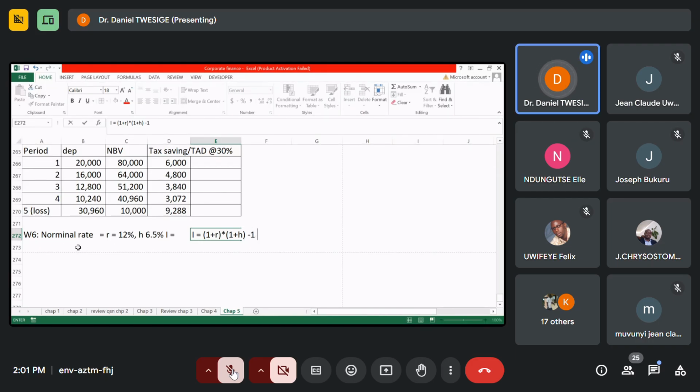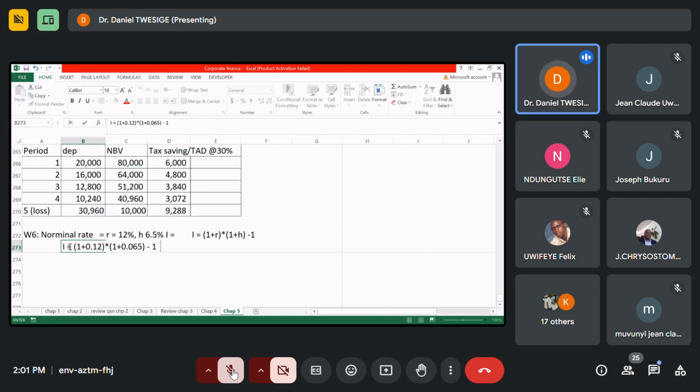So we can substitute. Our I will be equal to 1 plus 0.12 times 1 plus 0.065. Then what we get, we minus 1.